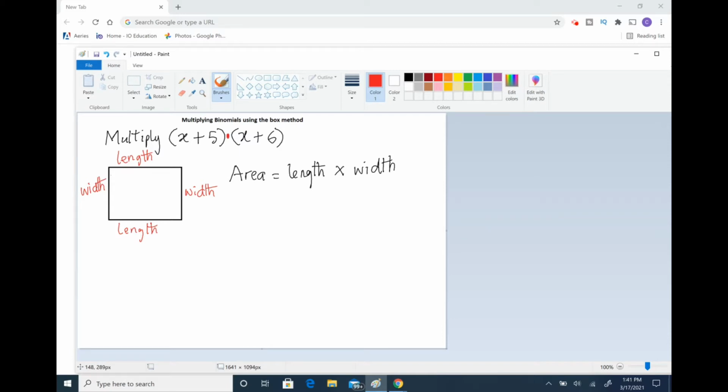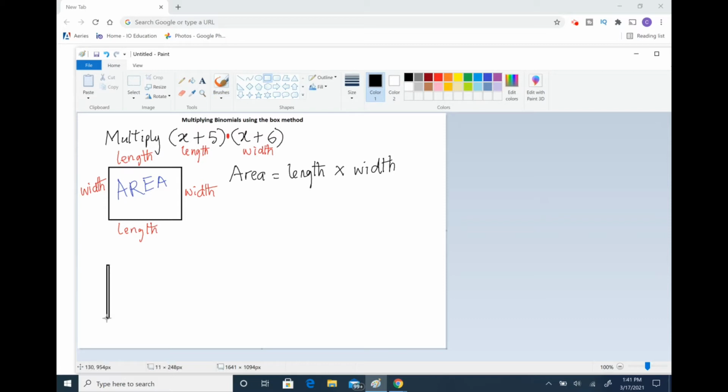So we're going to replace the length and width with the actual numbers in this problem. You're going to see your x plus 5 as your length, and the x plus 6 as your width. So we're multiplying x plus 5 times x plus 6, and when we find the area of the rectangle, that is the answer to the problem.